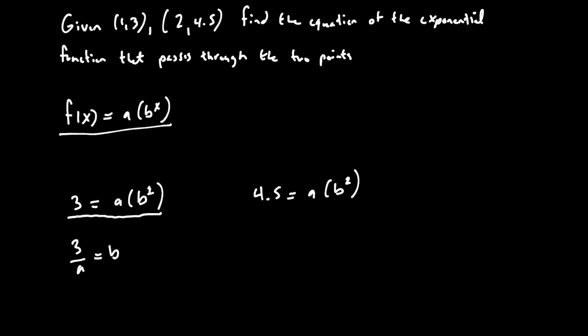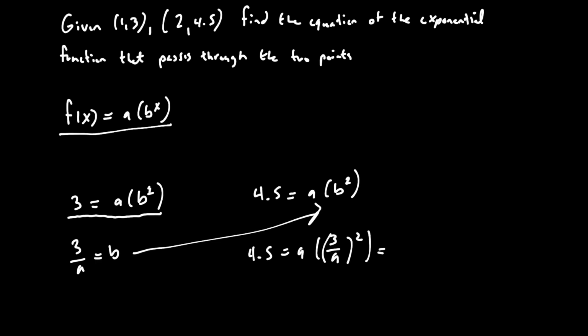And we can plug this in for b over here. And we'll get 4.5 is equal to a times 3 divided by a raised to the second. And this simplifies to be a times 9 divided by a squared, which simplifies to be 9 divided by a.